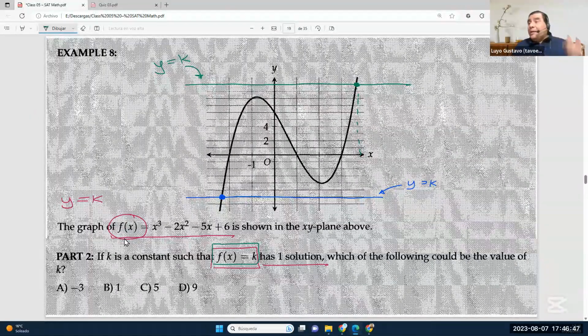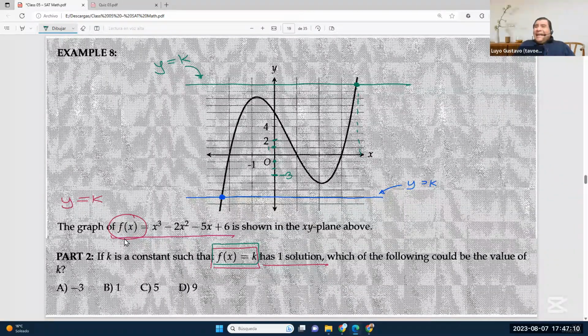Let's take a look at one at a time. Could it be y equal to -3 or f of x equal to -3? Where is -3? Take a look. If this is 2, clearly this is 1, and this is -1, and this is -2, and this is -3 here.